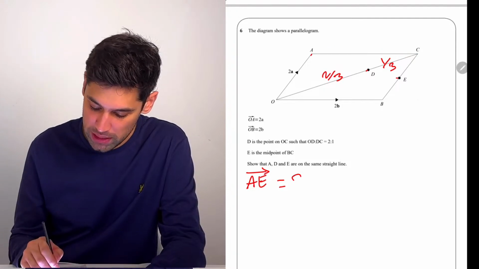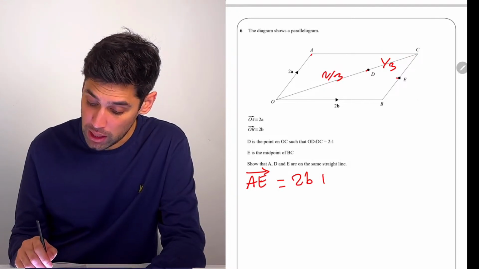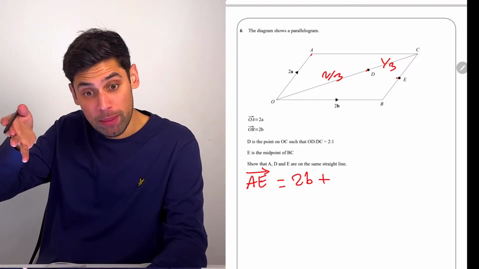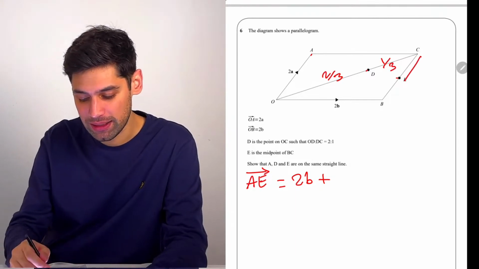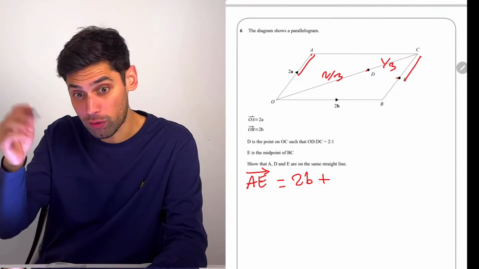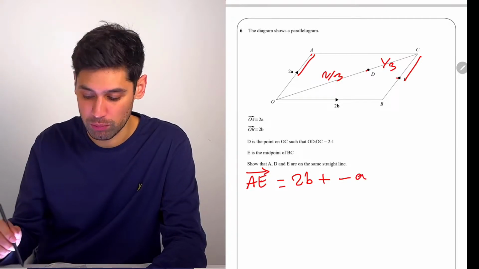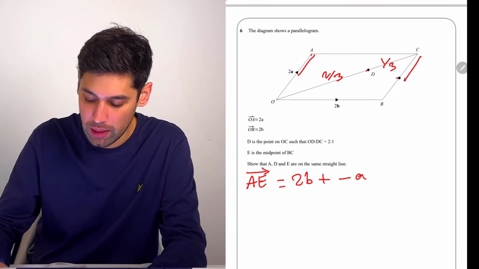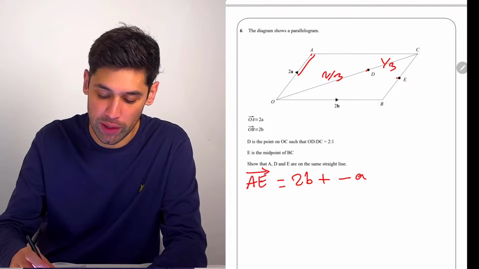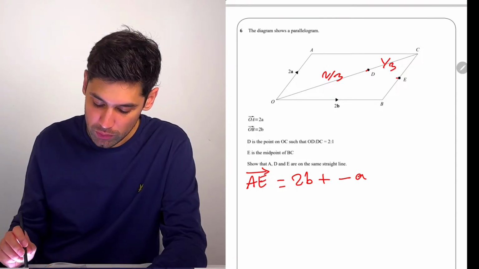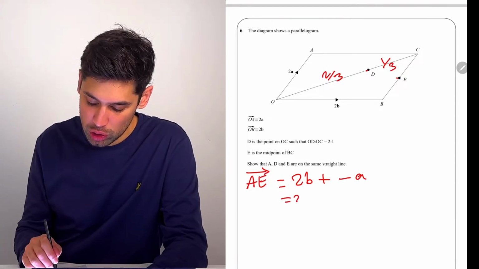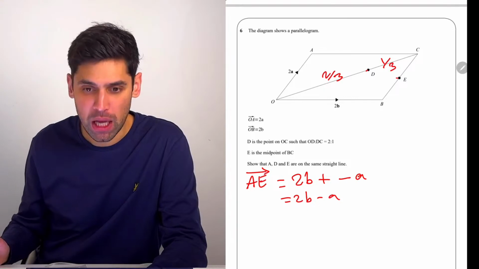So that's going to be 2B plus, then C to E. Remember, this side, C to E, is exactly the same as that one there, and it's halfway. So it's going to be actually minus A. Just minus 1A, because the whole length is going to be 2A and we're only going half of the way down. So AE is 2B minus A.